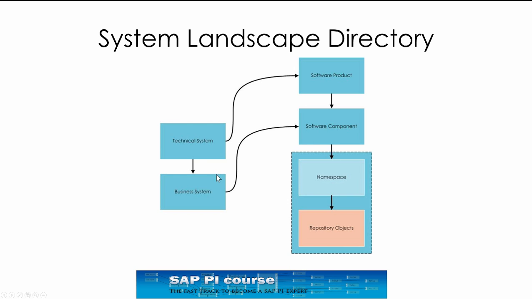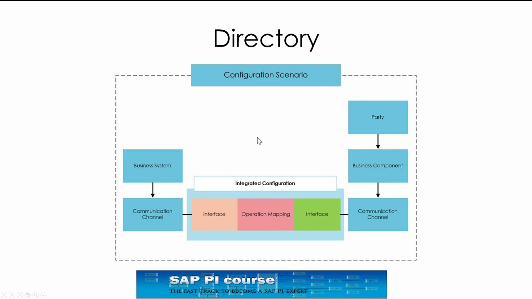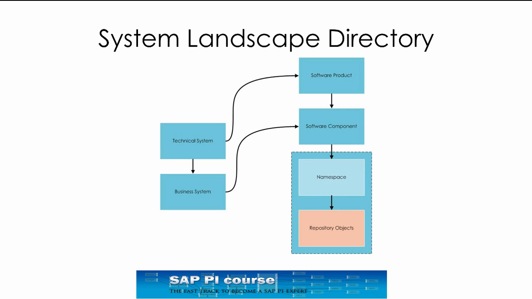The reason this is a good idea is that when you have defined a software component, whenever you are creating your integrated configuration, you can select, based on a drop-down box, which operation we want to be using in this case. So that's why the business system is connected in this way.